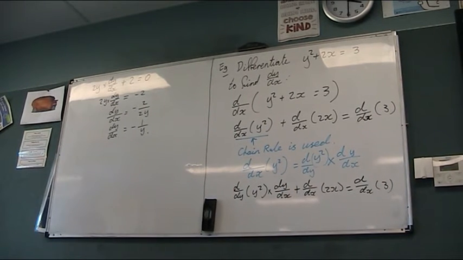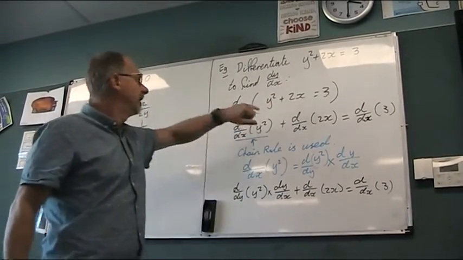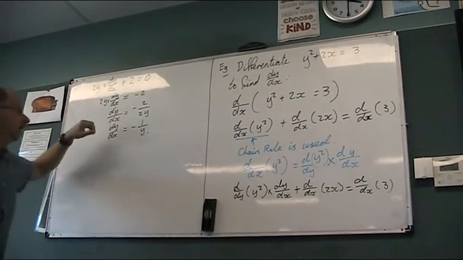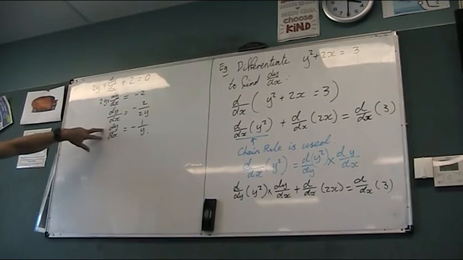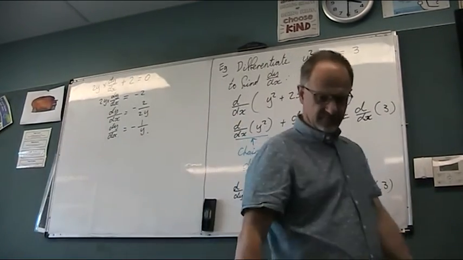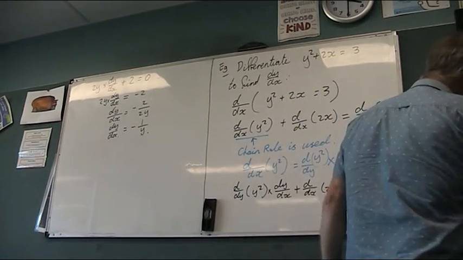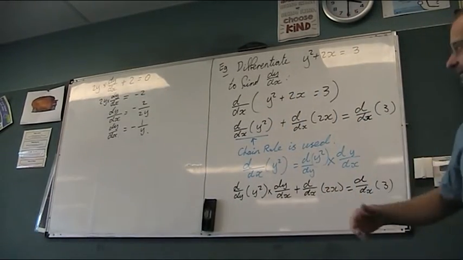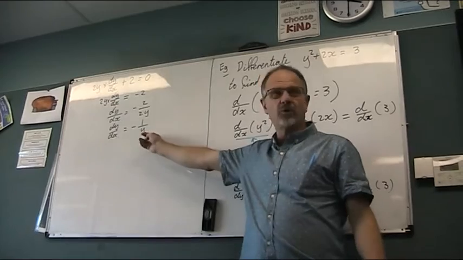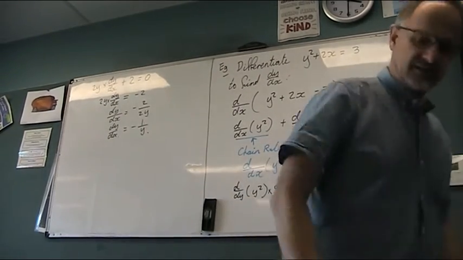All right, so differentiate y squared plus 2x equals 3 to find dy dx. So we've now found dy dx is negative 1 on y. And if we have got a sum where we're finding a gradient or something like that, then this y is the y value. And I'll do an example of that.